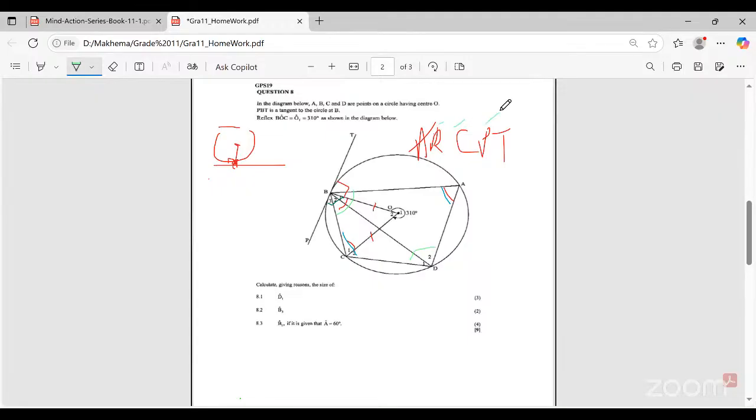Are there any parallel lines in the diagram, guys? I don't think so. Okay, no, there are no parallel lines. We can just jump that. Is there a tangent? Yes, there is a tangent. Of course, we can apply the tan-chord theorem. That angle is simply going to be equal to this angle here.